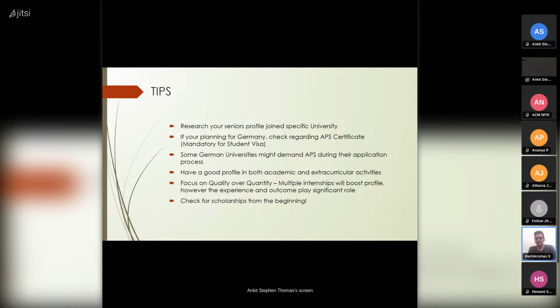And then check for scholarships from the beginning itself, because the MS application and scholarship application timings will be more or less similar. So based on wherever you want to go, just check accordingly. So yeah, next slide, Ankit.